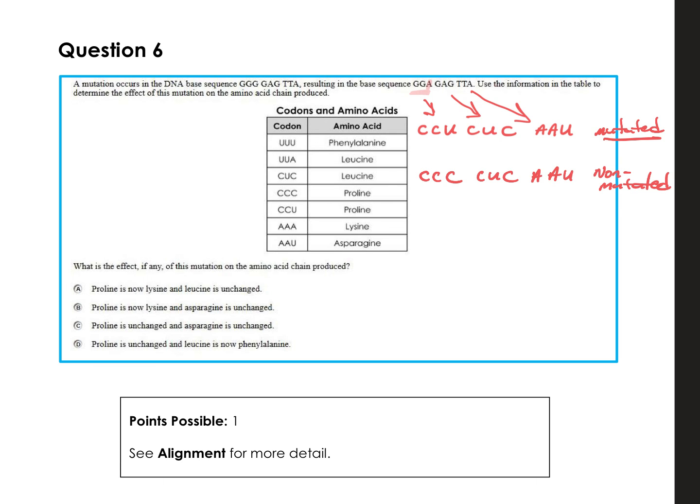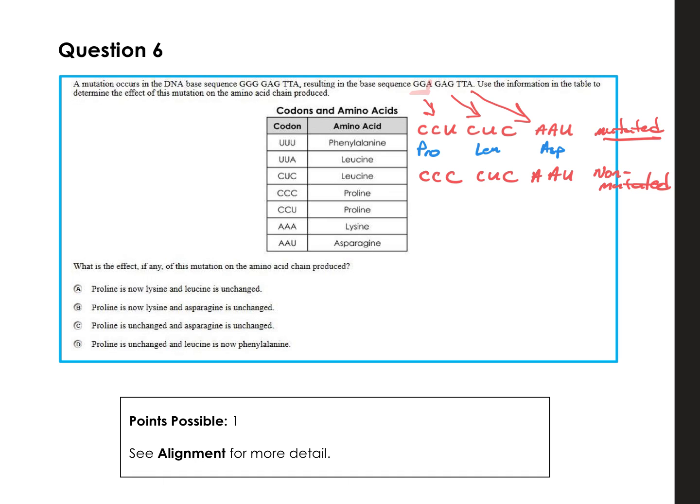So if we translate this, CCU is proline. I'm sorry, I'm trying to do three things at once here. Proline, and CUC is leucine, and AAU is asparagine.